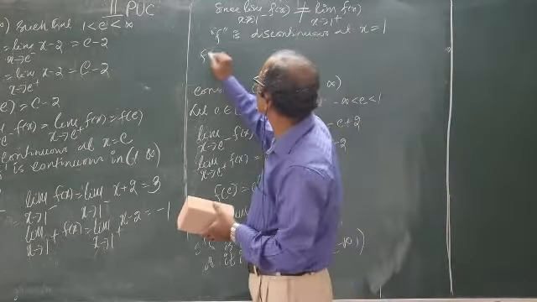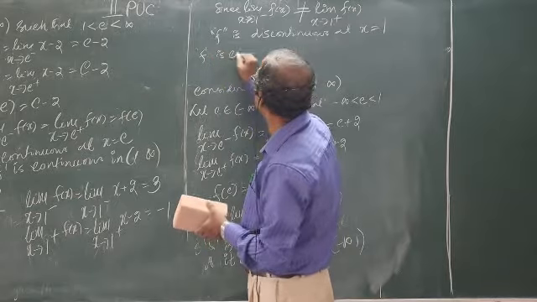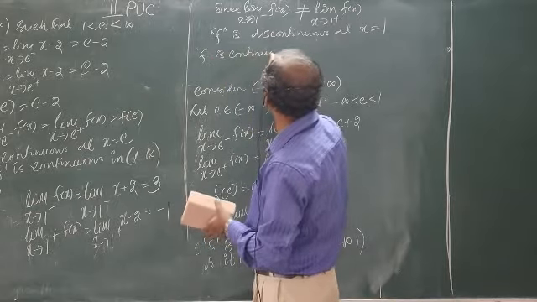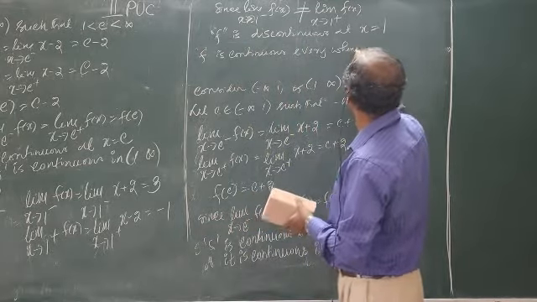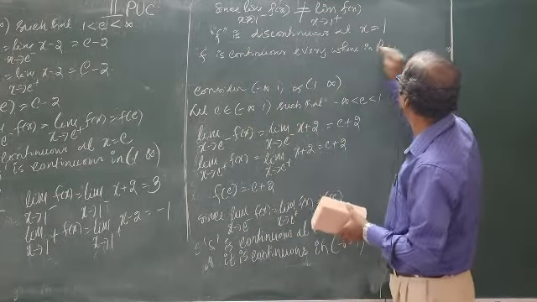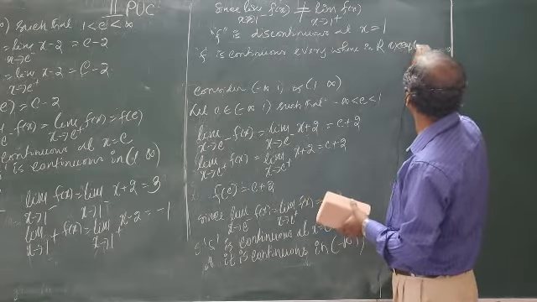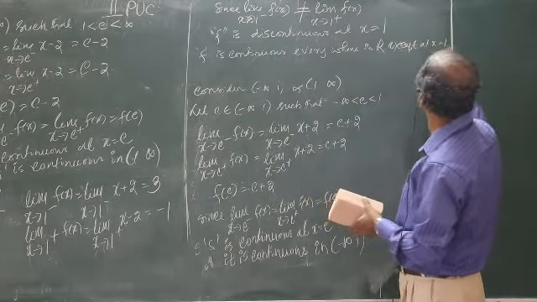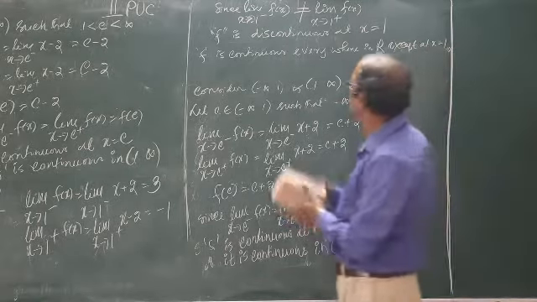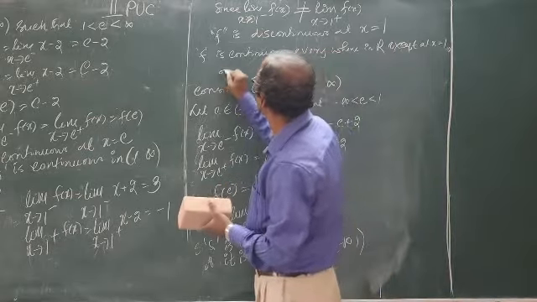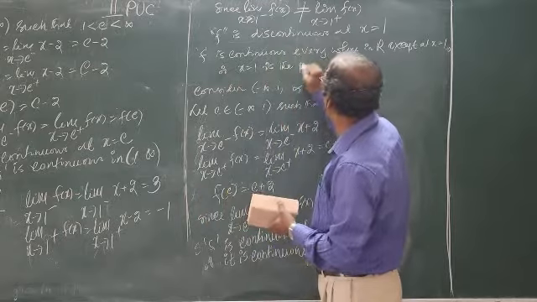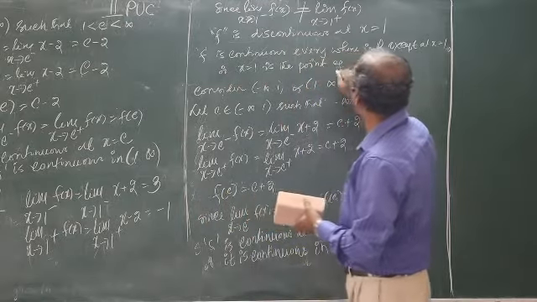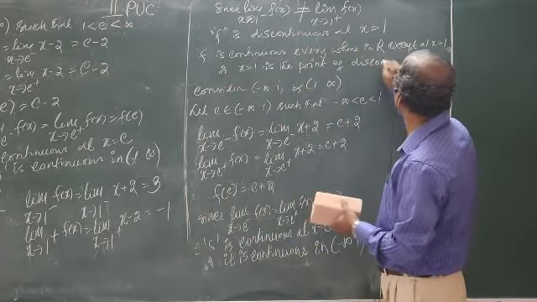So, f is continuous everywhere in R except at x equal to 1. Therefore, x equal to 1 is the point of discontinuity. Everything I have written here.